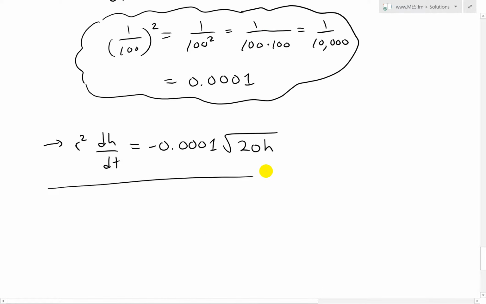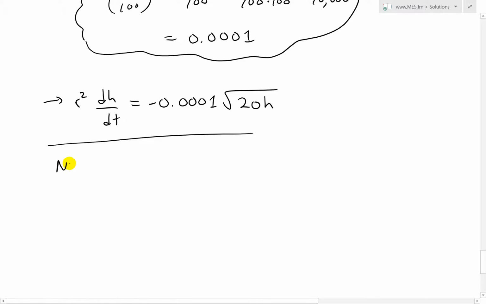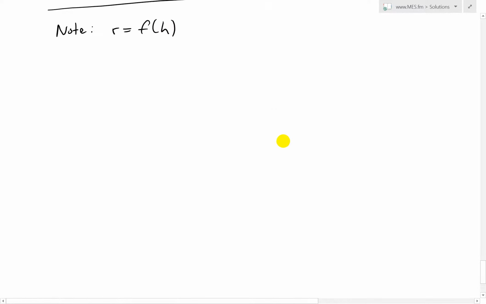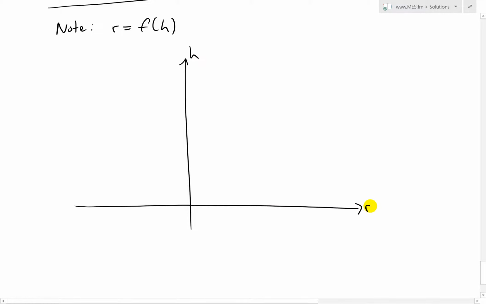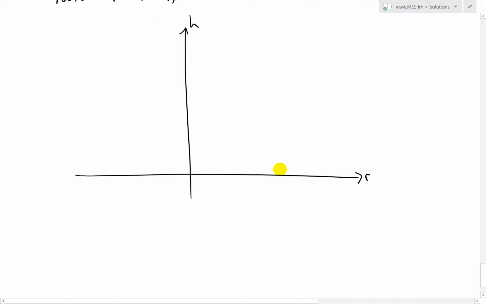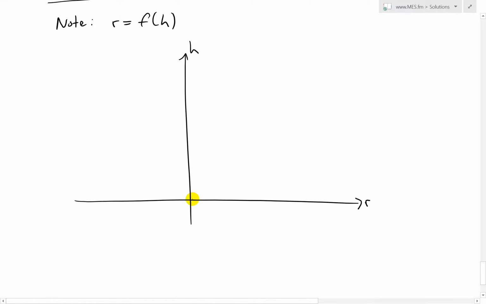Again, as I stated above, note that r is a function of h. You can see this by plotting it out. If we plot the height and radius axes, this is the height h, and at the bottom this is the radius r of the water at that height.